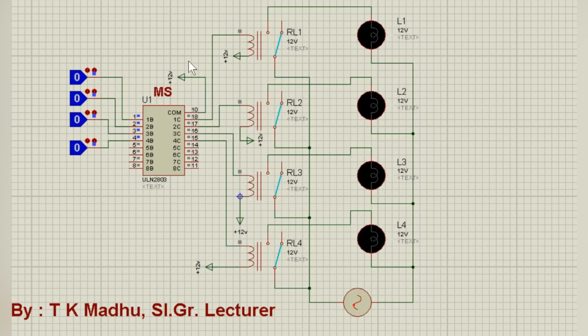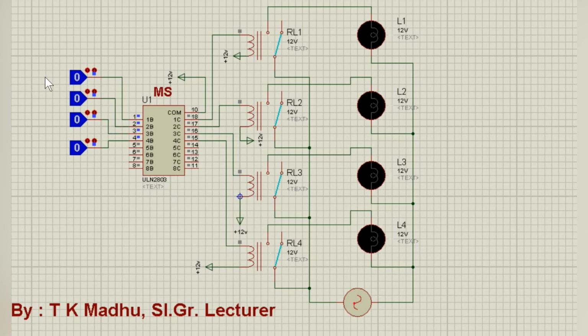So this circuit shows how the output of NodeMCU is connected to the driver circuit and relays, and how we can drive the 230 volt load. Here we used the driver circuit ULN2803, or we can use ULN2003.